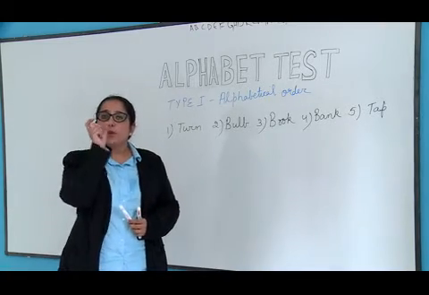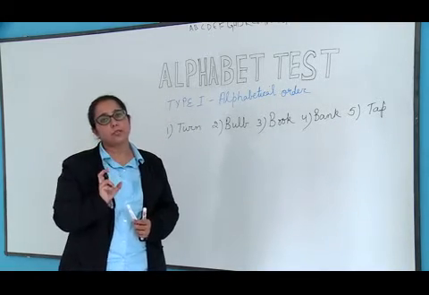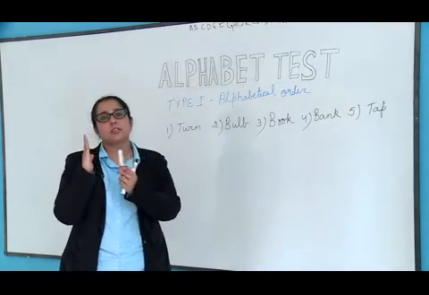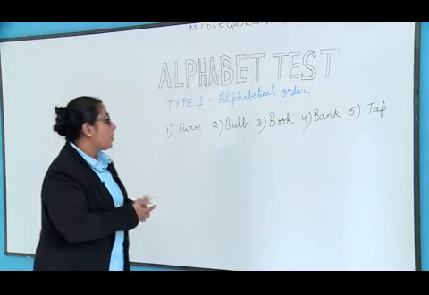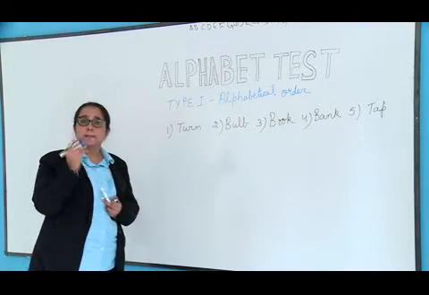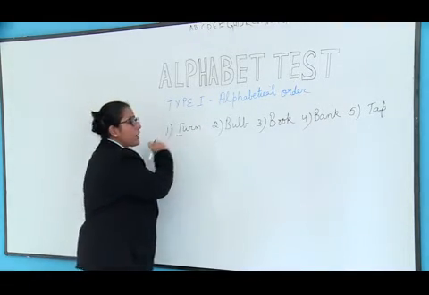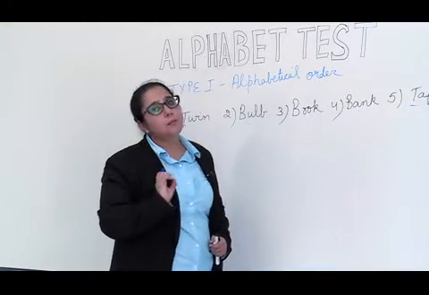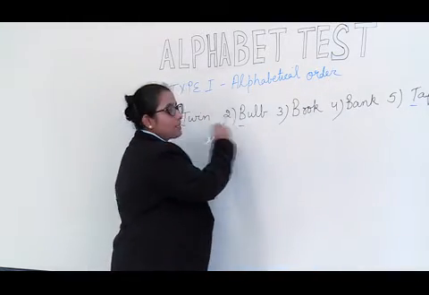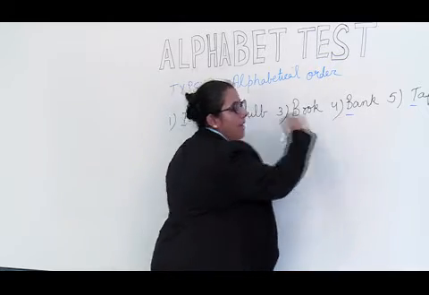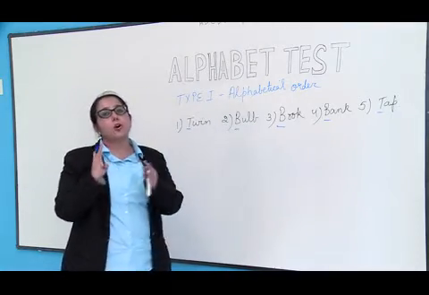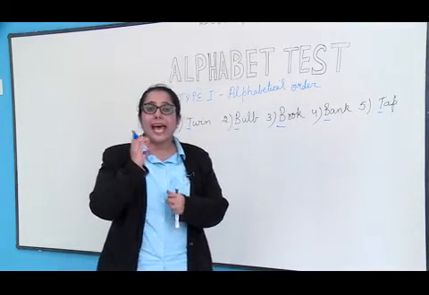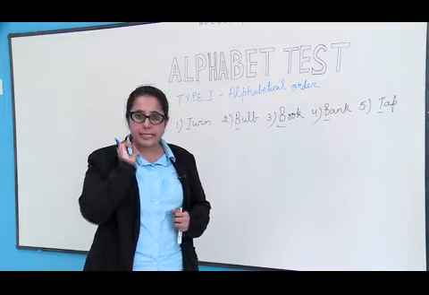Now we have to see which word comes in the second position after arranging it according to the alphabetical order. Now as we see, 2 words begin with the letter T, which is twin and tap. And 3 words begin with the letter B, which is bulb, book and bank. Now we have to arrange them according to the dictionary and see which word comes in the second position.